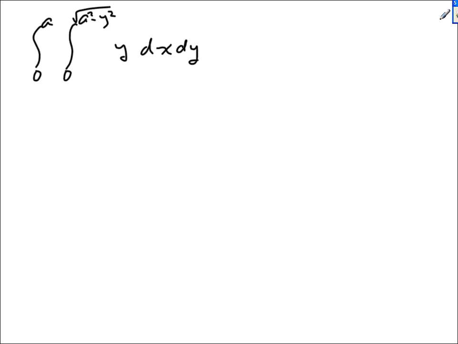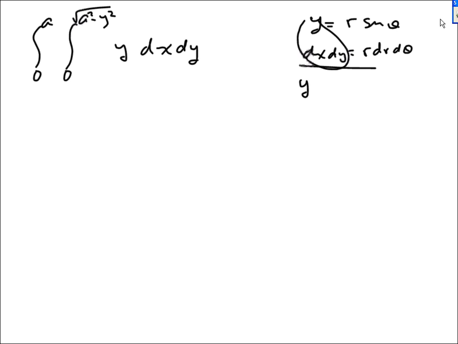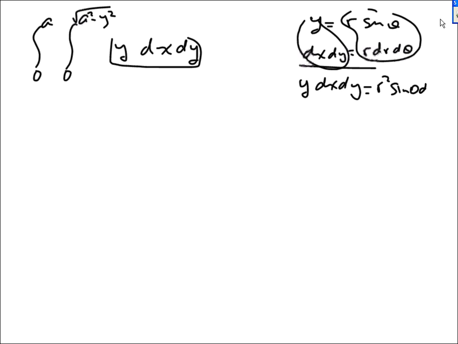So what we know is that y is r sine theta, and we know that dx dy is r dr d theta. So the product of those two will be r squared sine theta dr d theta.